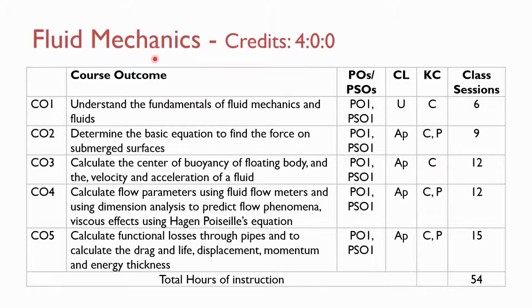This is fluid mechanics, credits 4:0:0, and that means the number of lectures that you will have, anywhere from 55, 54 to 60 almost, you can have for a 4 credit course. There is no laboratory, there is no tutorial, and there are only 5 statements that are written.